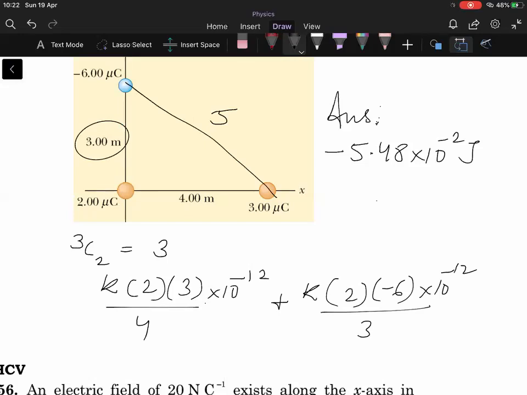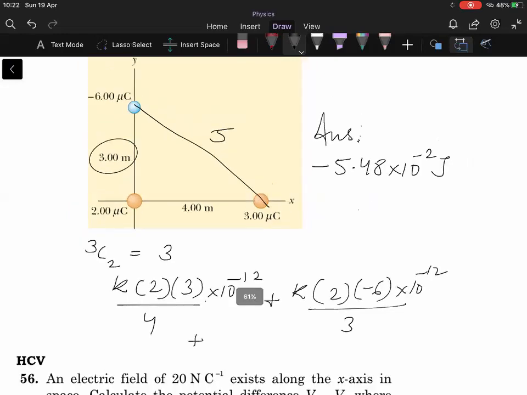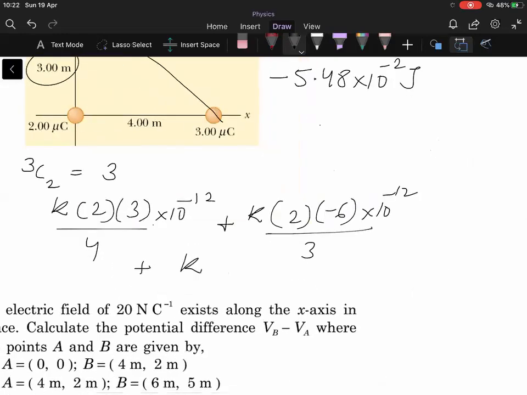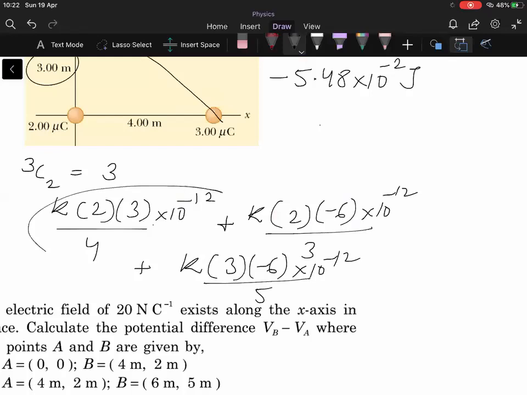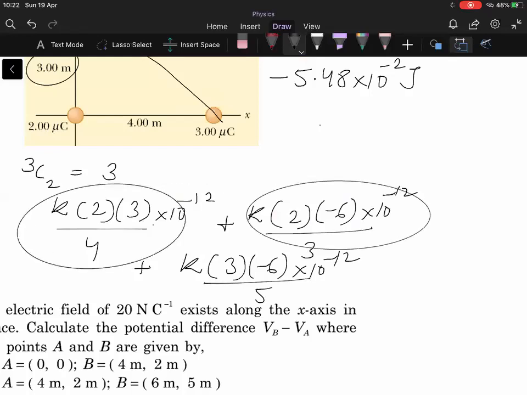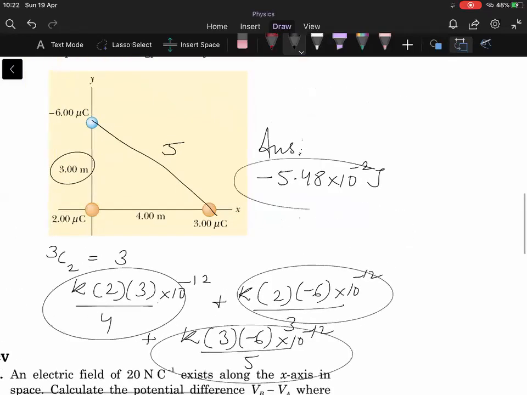Now for that also you will write one expression, k into 3 into minus 6 into 10 to the power minus 12 divided by 5. Now you have to add this term and this term. You will get this as the result. Is it clear? Yes, sir.